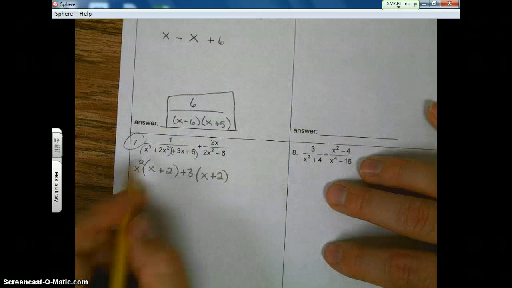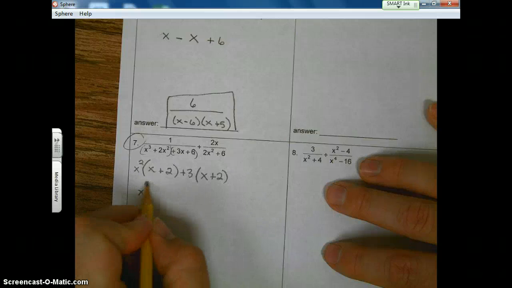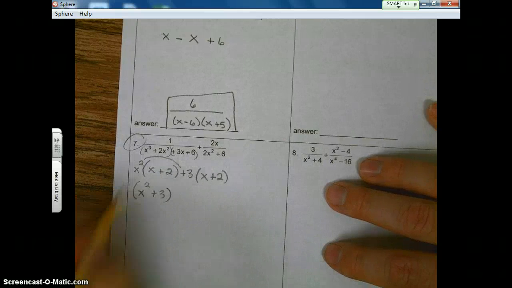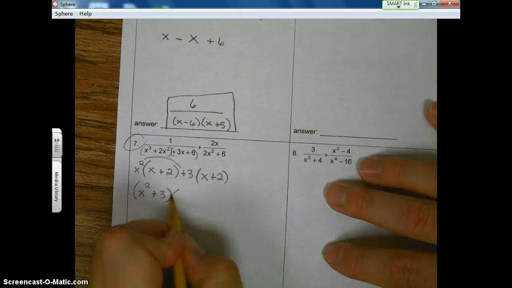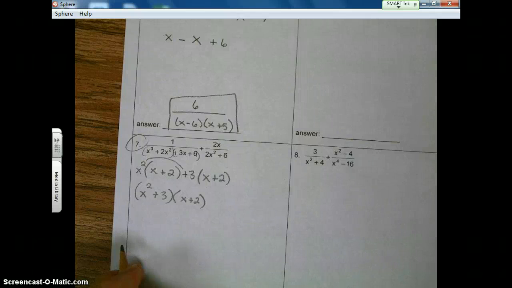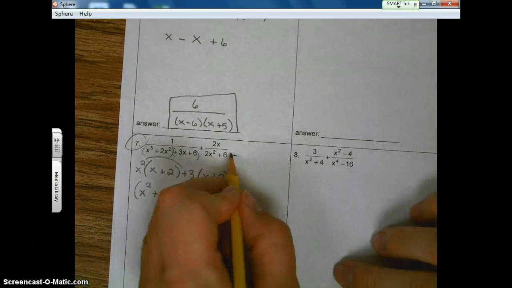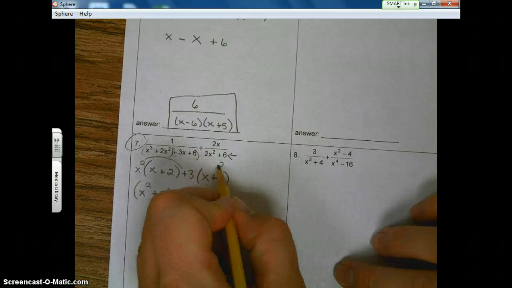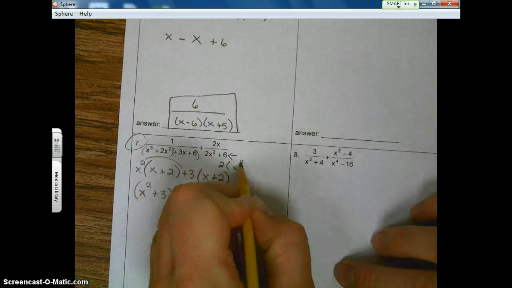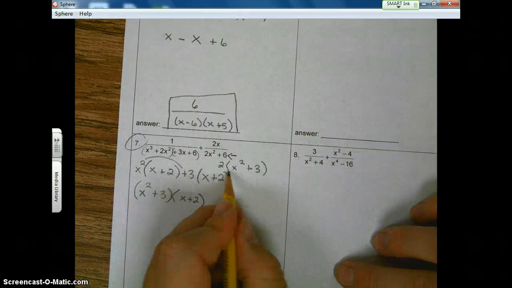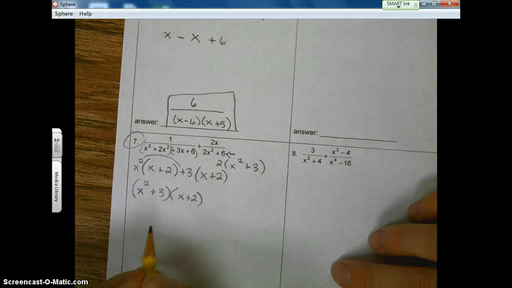So this ends up being x squared plus 3. That's these two. And then an x plus 2. Okay, this one factors down to, I'm going to take a 2 out of both terms. I get x squared plus 3. And that, I cannot factor that any further.